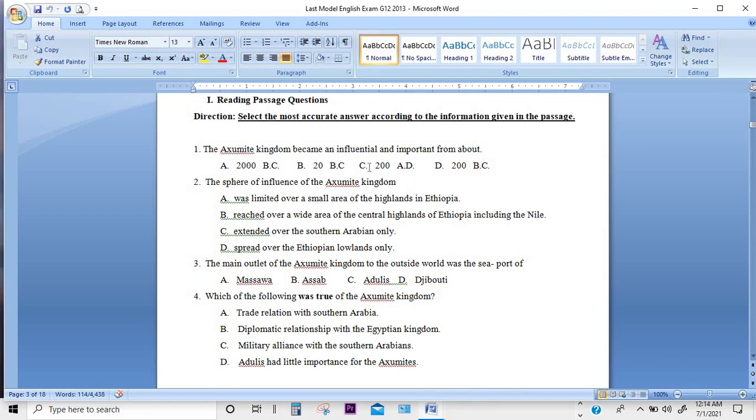For question number 1 the answer is D. የሁለተኛው ጥያቄ መልስ B ነው። ሶስተኛው ጥያቄ መልስ C ነው። For question number 4 the answer is A.